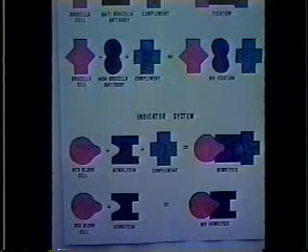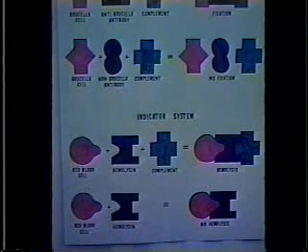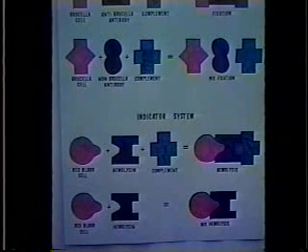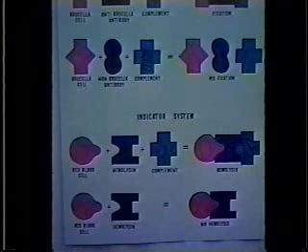Another test is the complement fixation test that depends upon natural complement in the blood serum that we are using. We mix an antigen with our test serum, and if there is a reaction that takes place, this utilizes the complement.